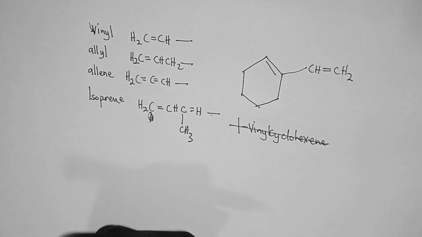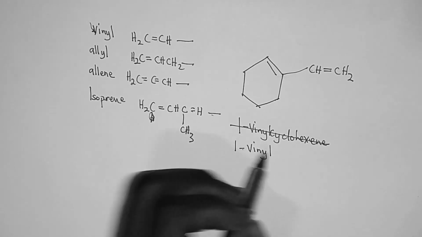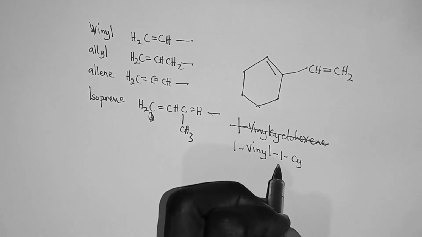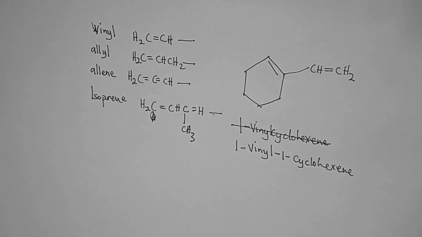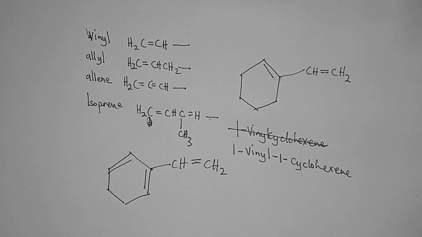So the name is 1-vinyl-1-cyclohexene. So that is the name of this molecule, 1-vinyl-1-cyclohexene. What about this molecule? What is the name of this molecule?